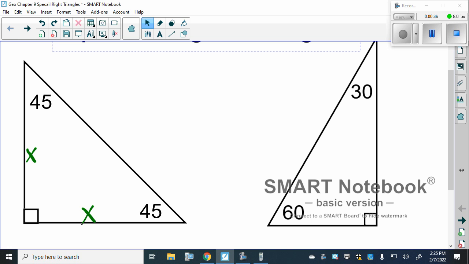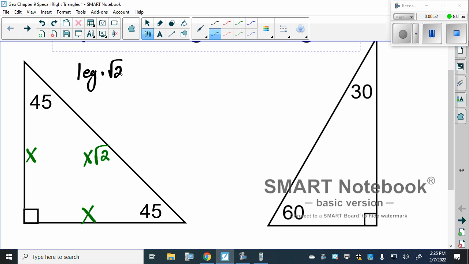And the hypotenuse for a 45, 45, 90 is whatever the length of the leg is times the square root of 2. So when we went over this, if we were given one of the sides opposite the 45, we would take that leg value and multiply it by the square root of 2 to get to the hypotenuse.